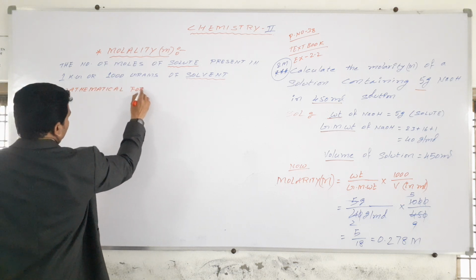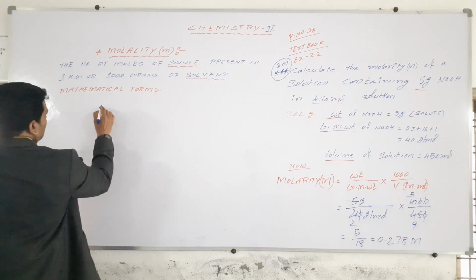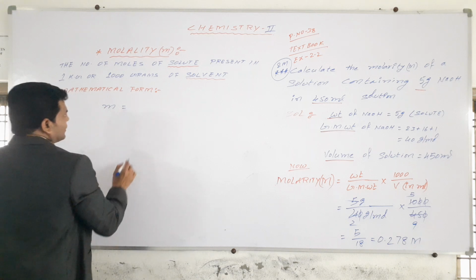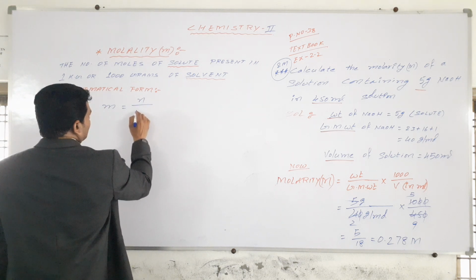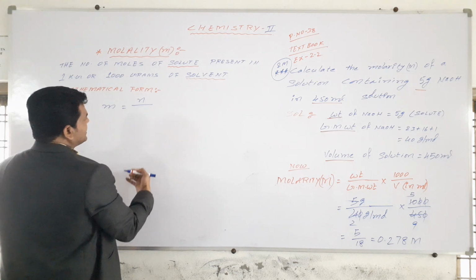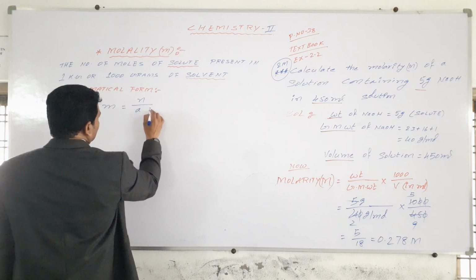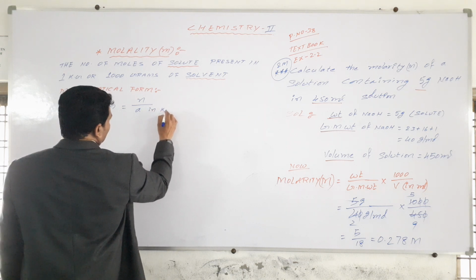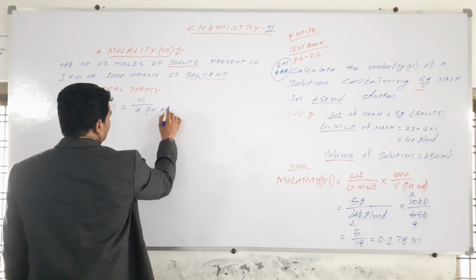Mathematical form. Okay. Molality m is equal to number of moles by weight of the solvent in kg. A in kg, A in kg.